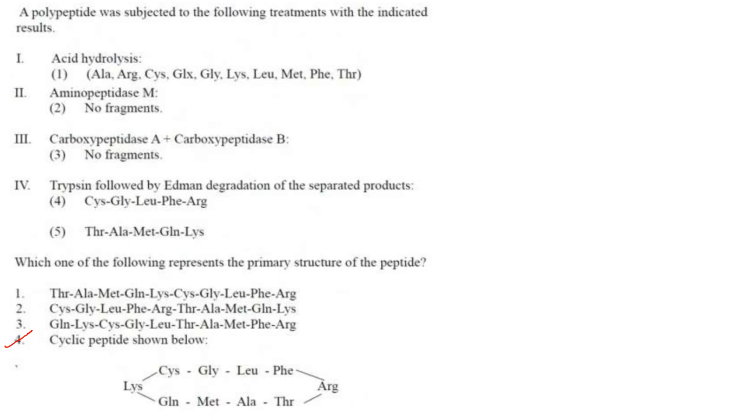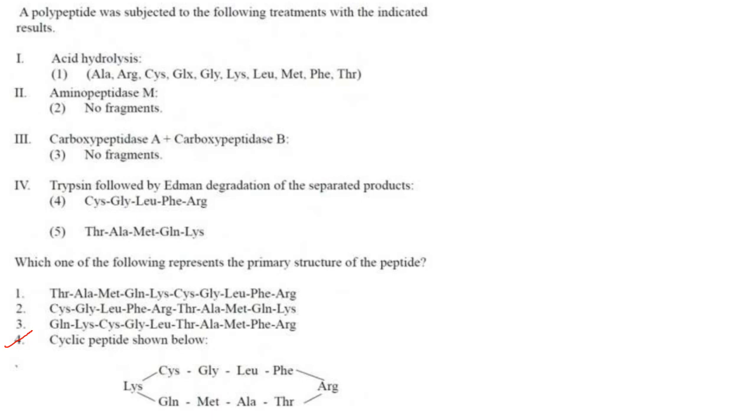Which of the following represents the primary structure of the peptide? Now carboxypeptidase A cleaves the C-terminal peptide bond of all the amino acid residues except proline, lysine and arginine. Carboxypeptidase B is effective only when arginine and lysine are at the C-terminal residues.